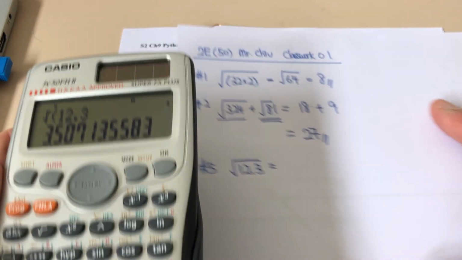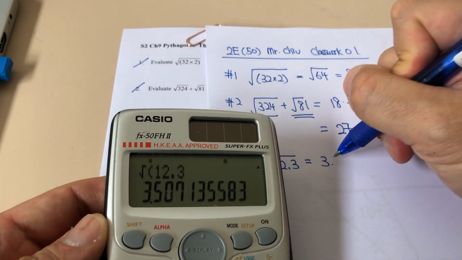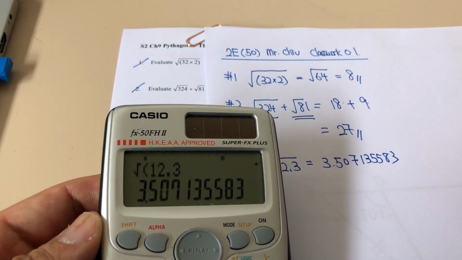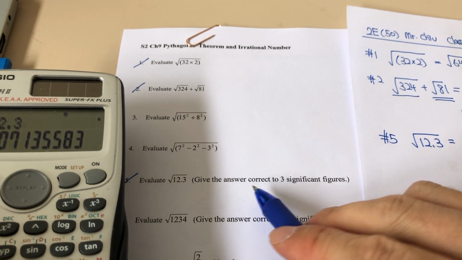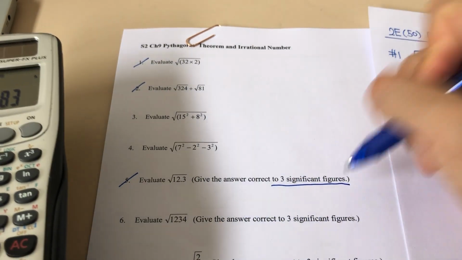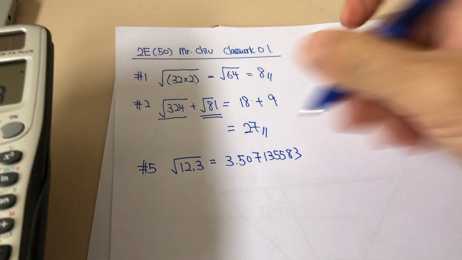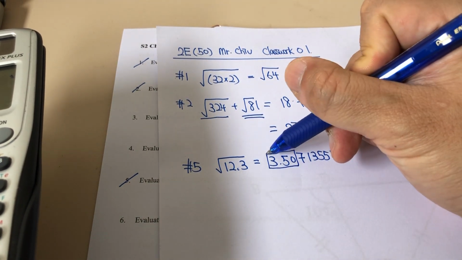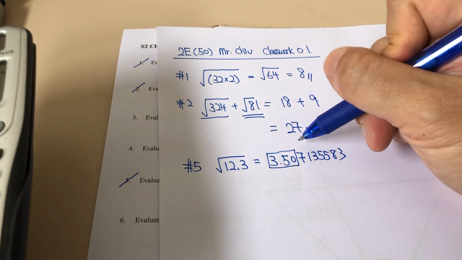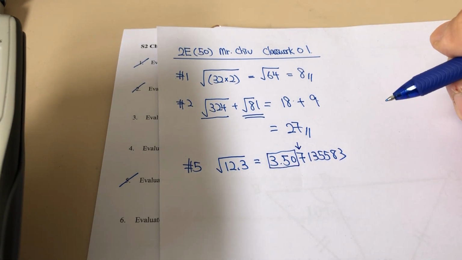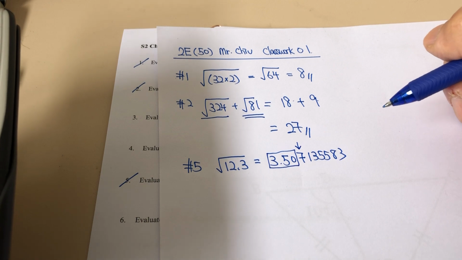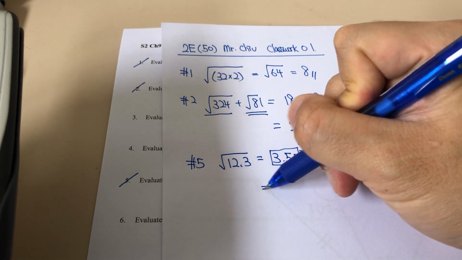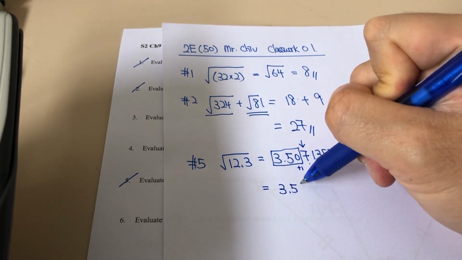Oh, it becomes 3.507135583. We have to give our answer to 3 significant figures, so you have to rewrite the answer. 1, 2, 3. We're going to take these 3 numbers. Then we have to check the next number. Is it big enough? Yes, 7 is big enough. Therefore, we have to add 1 to the last number. Therefore, your answer should be 3.51.